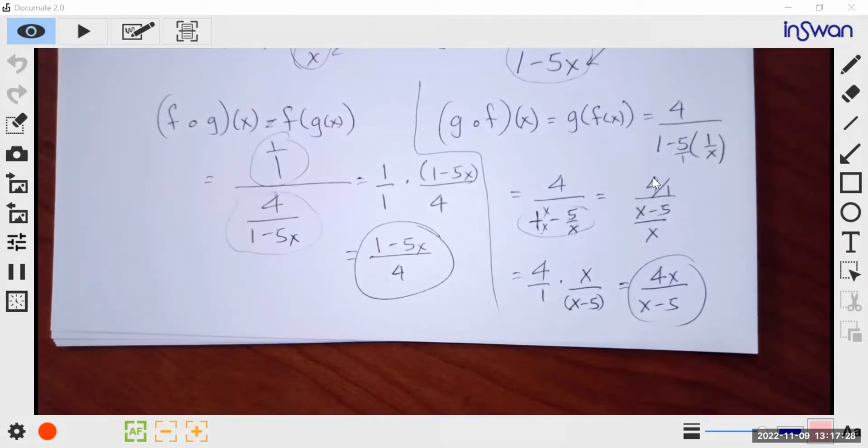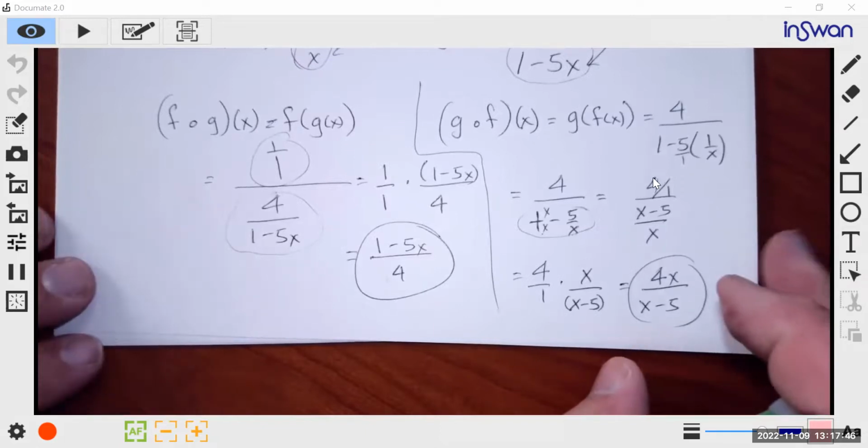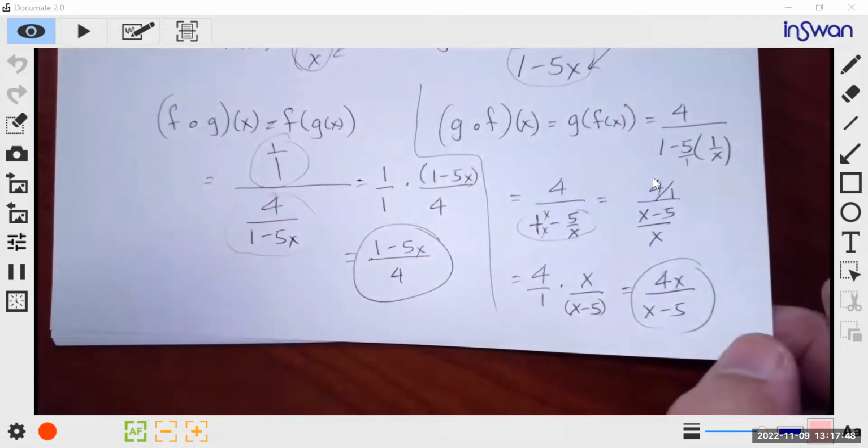It takes practice with fractions because you have to worry about each part separately. You okay with this?